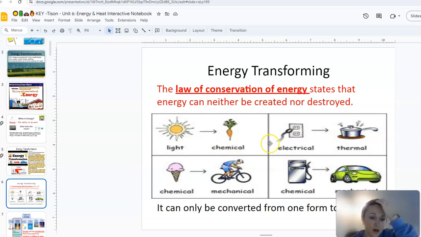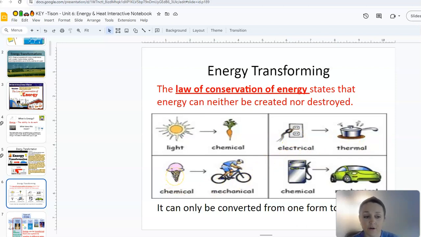Also, let's say you plug in a hot plate, or you want to cook something. That is, your stove or oven is usually plugged into the wall. When you do that, electrical energy, the electrons flowing through those wires, are used to create heat, which is a conversion of energy. We convert our electrical energy into heat.